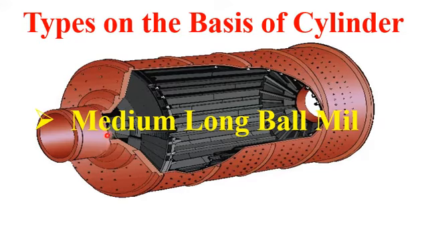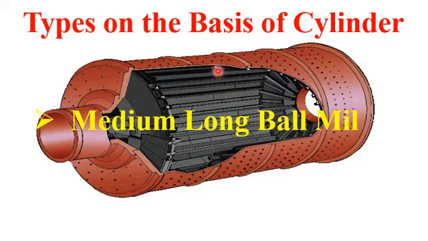So usually, dear student, the length of the ball mill drum is around or equal to 3d, or 3 times the diameter of the cylinder of the ball mill apparatus. In simple words, a medium long ball mill apparatus has a length higher than or equal to 3 times the diameter of the ball mill drum.